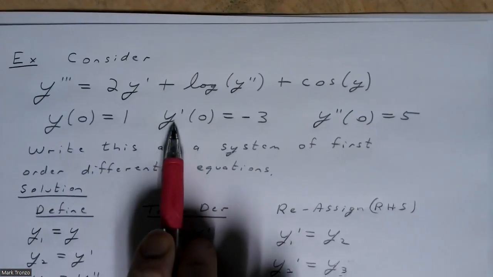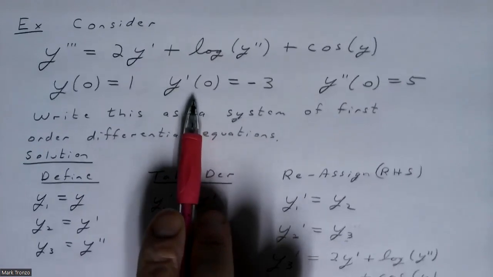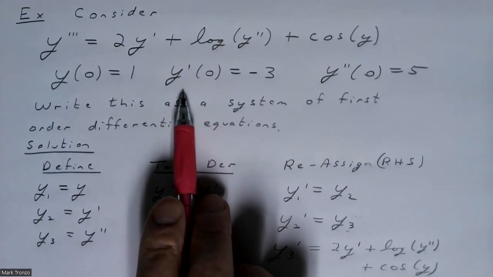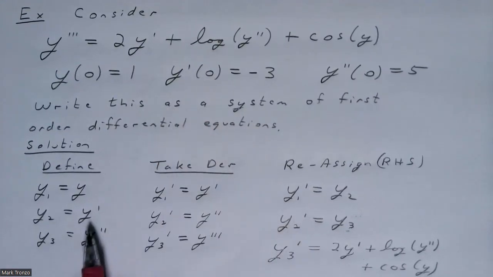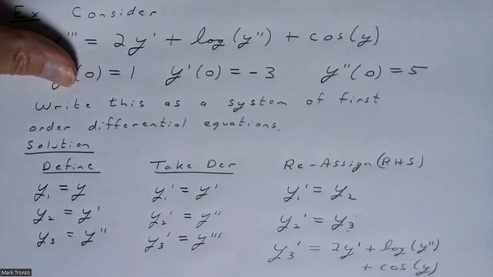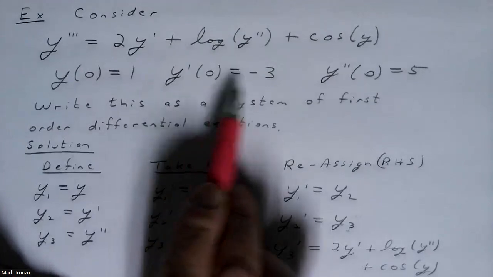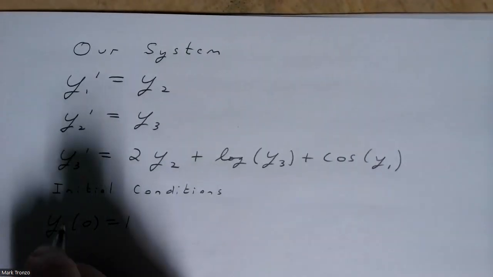And then for the next one, we have y prime. Again, we want to replace it with something with a subscript but no derivative. Y prime is y2. So we're going to have y2 of 0 is minus 3.